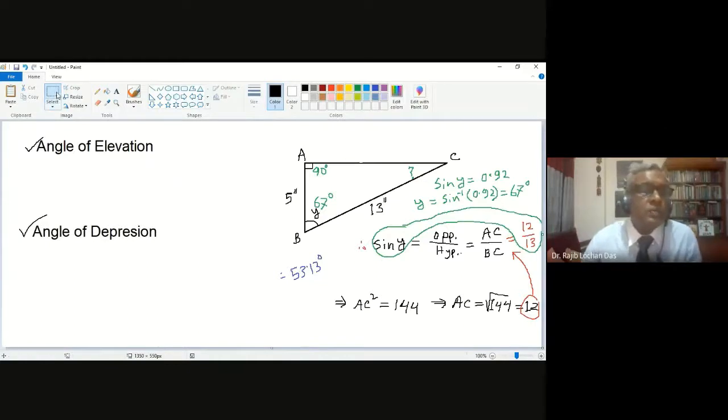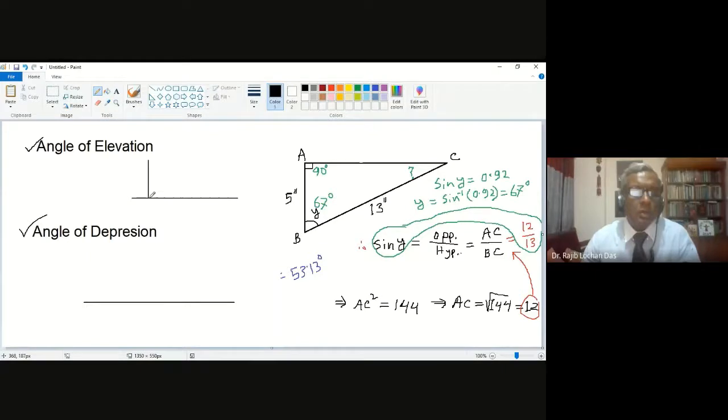So if you think that this is our ground, let us have the ground for both cases. So let us have one building here. Okay, so this is the building. There will be some window, or door, something like that.